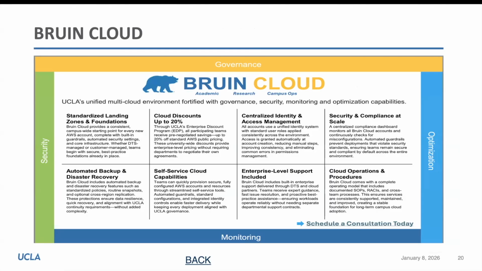And basically what it is, it's an option for researchers that have large data sets, very sensitive data with requirements that we can't satisfy here locally at UCLA. You now have this option to be able to do that. And the benefit of it is threefold. One, it's a discounted price.